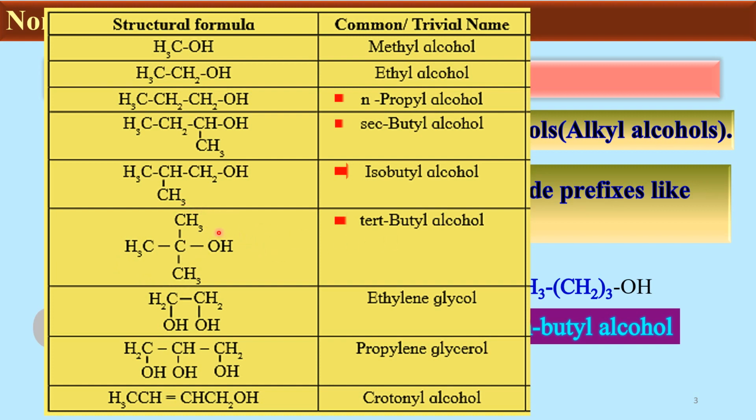And the OH group being attached to the tertiary carbon atom, it is said to be tertiary butyl, and since the OH group is attached, it is to be followed by writing alcohol. So in this way, we have seen a few examples to understand how to write common names of alcohols.